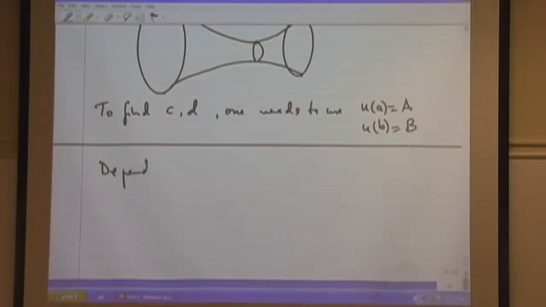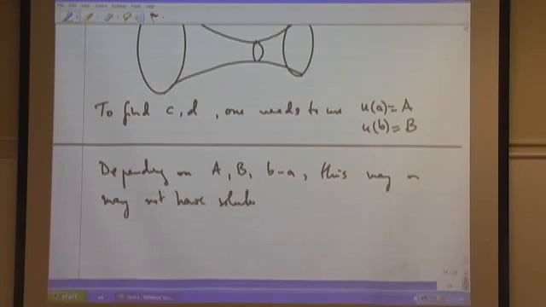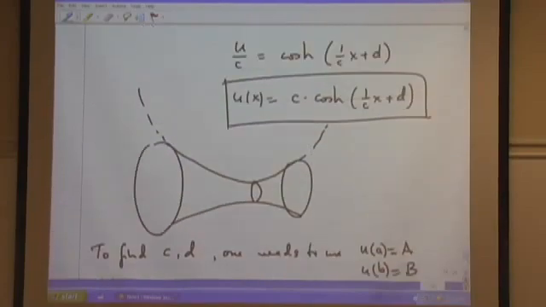Depending on a, b, and pretty much the distance between the two circles, b minus a, this may or may not have solutions. In other words, you may not be able to find such constants c and d to satisfy these equations.